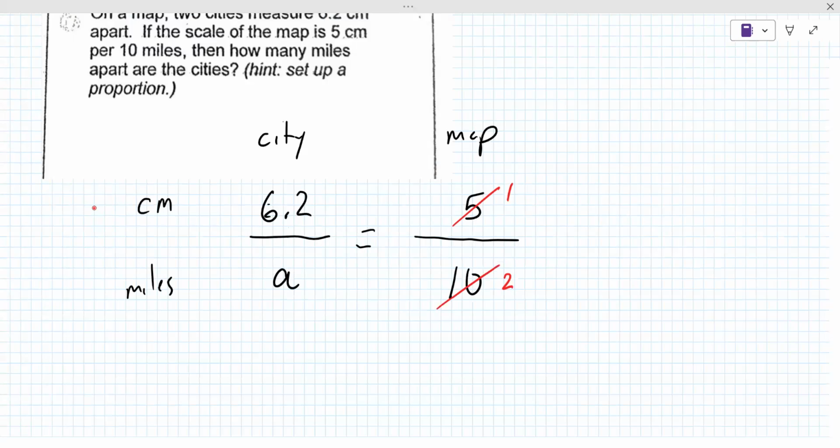Okay. A equals 12.4. Perfect. Any questions on that?